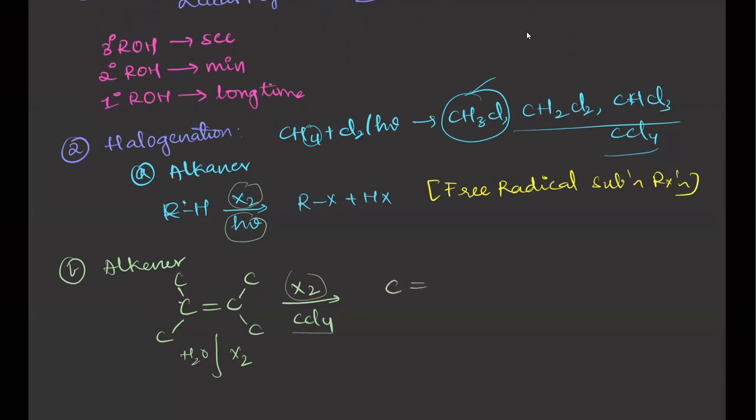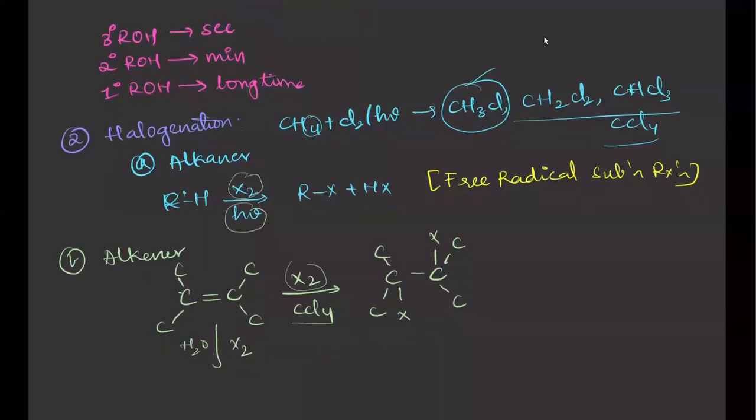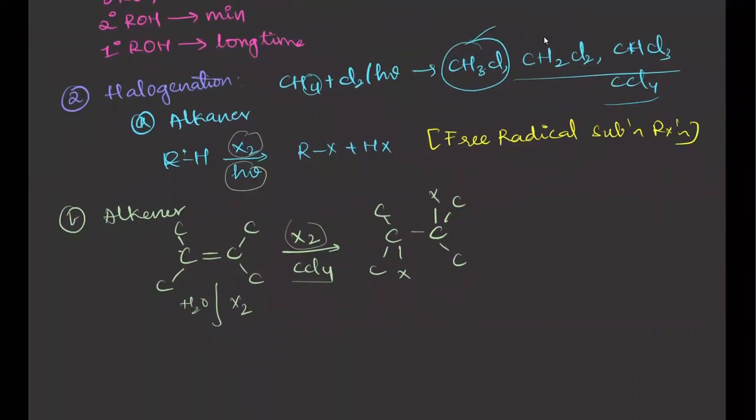Here, of course, we're going to break this double bond. Let's break the double bond. C, C. As it is, we're going to keep X on the upper side and X on the lower side. The halogens that are going to attach to the two carbons are going to be on the upside and downside of two different carbons.